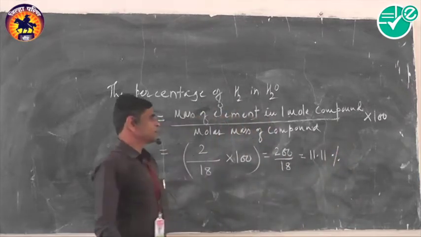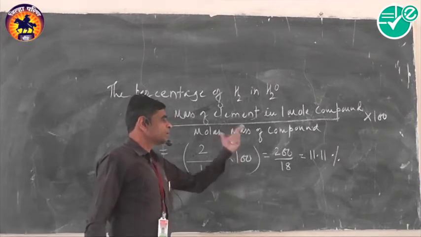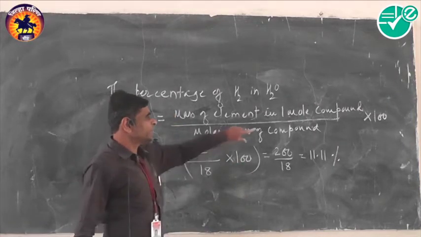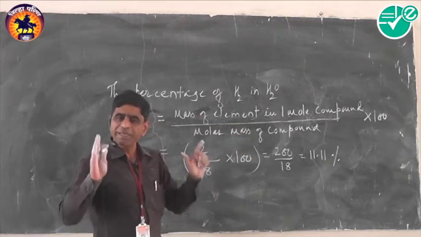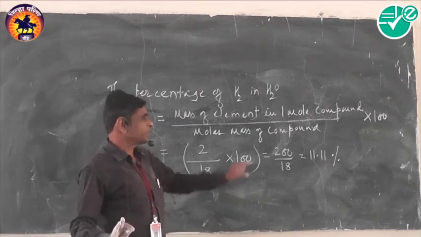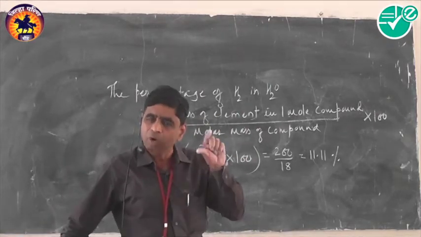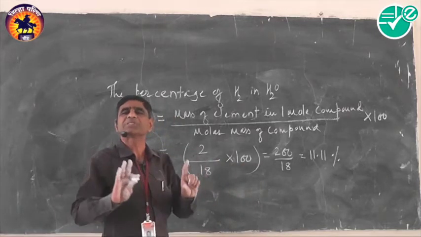And remember, for purity, if a given sample of water consists of 11.11% of hydrogen, then that sample of water is 100% pure.